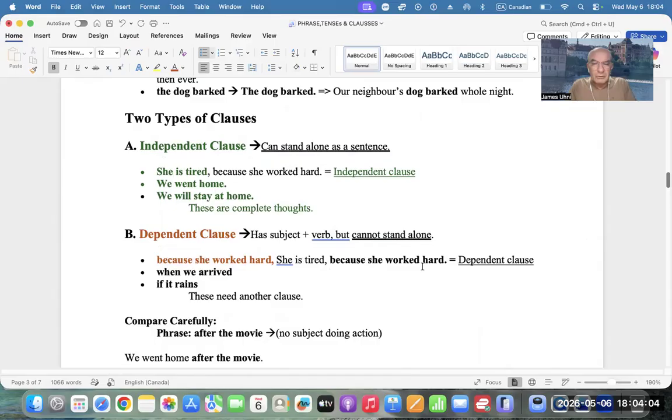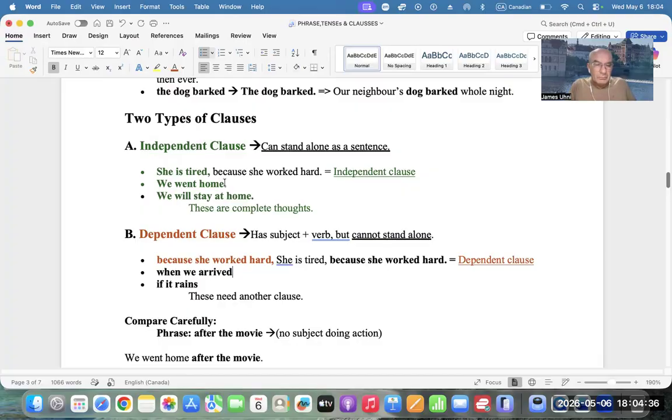So, because she worked hard is a dependent clause. All right? Because she worked hard, so what? There is no explanation. It is just a dependent clause. Without an independent clause, a dependent clause doesn't make sense.